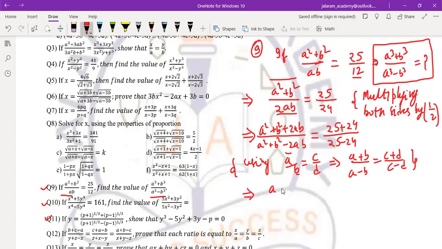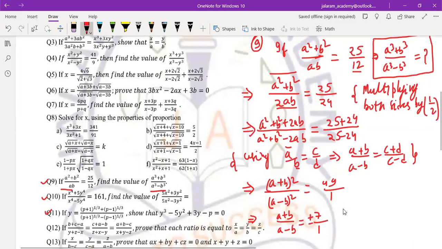It implies the numerator becomes a plus b whole square over the denominator a minus b whole square equals 49, since 25 plus 24 is 49 upon 25 minus 24 is 1. Now taking square root on both sides, we get a plus b upon a minus b equals 7 by 1, or plus minus 7 by 1.